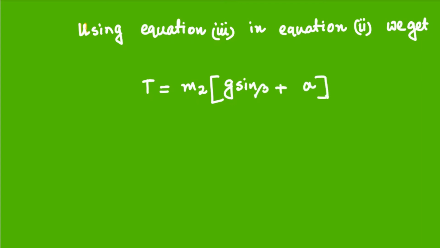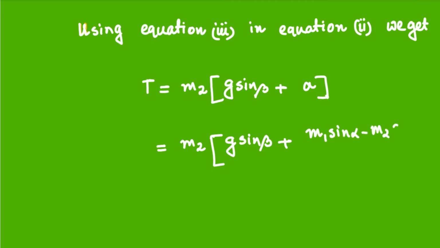Now putting the expression of acceleration a, we get m2g sin beta plus m1 sin alpha minus m2 sin beta whole divided by m1 plus m2, into g.